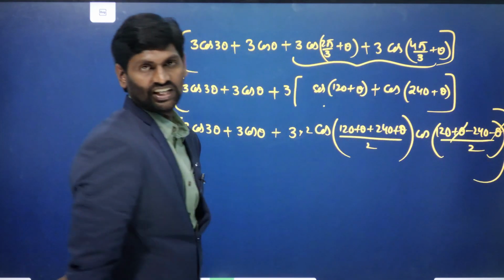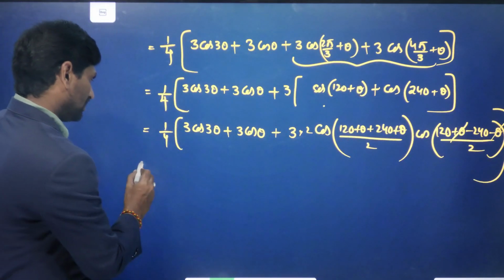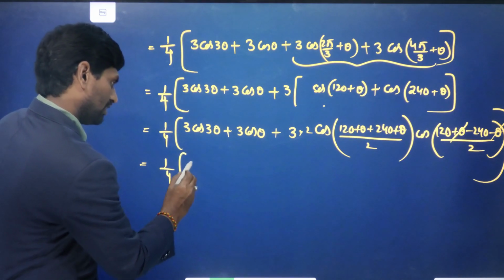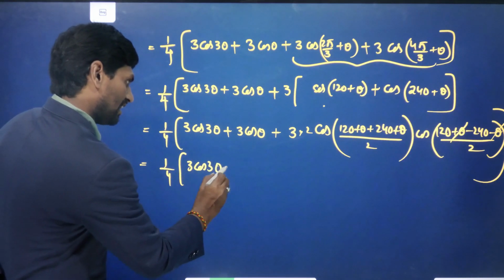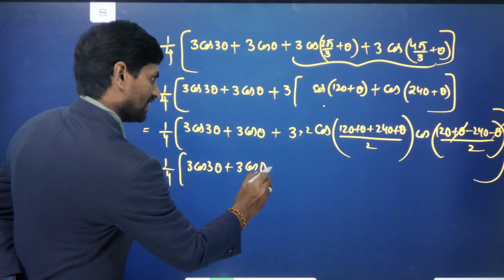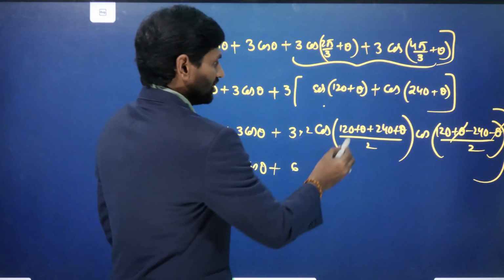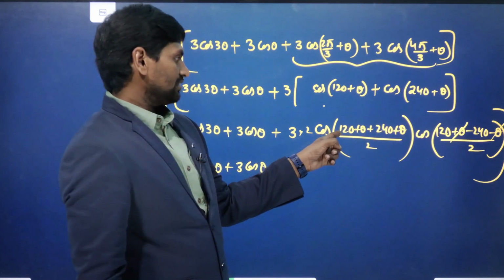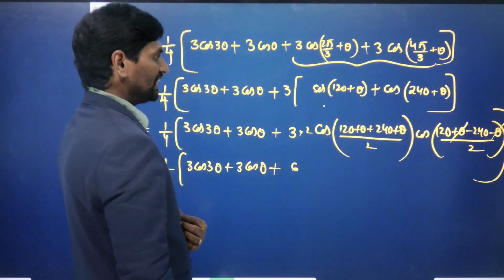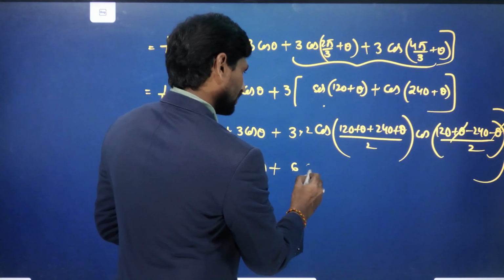Plus theta minus theta cancel here. Okay? That is equals to 1 by 4 [3 cos 3 theta plus 3 cos theta plus 3 2s are 6 here], cos 360, 120 plus 240, 360 plus theta.